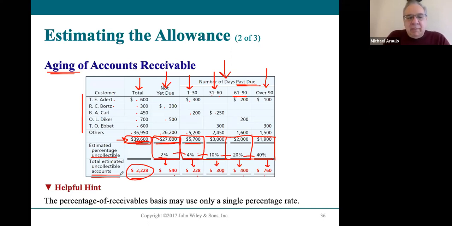Okay, this total, well, it actually becomes their allowance. It might also be the same as their bad debt, as you'll see. But look at this. Personally, if I'm looking at this, I'm wondering who's the idiot that keeps selling stuff on account? This guy hasn't paid us in months.